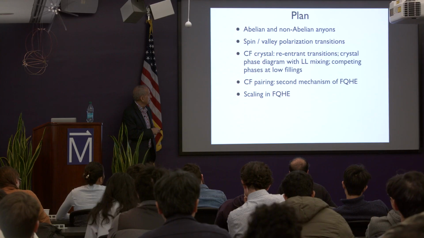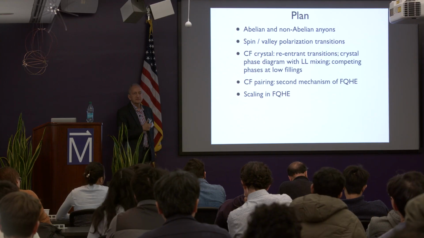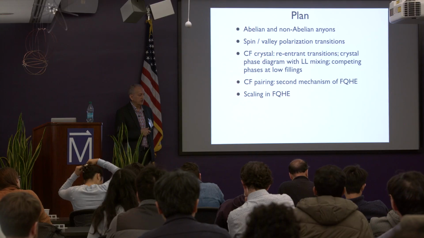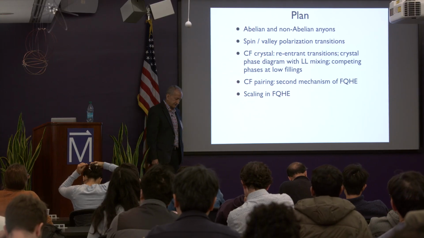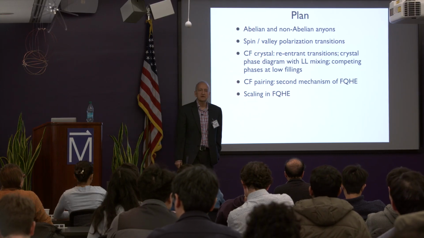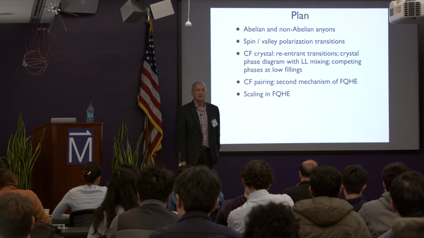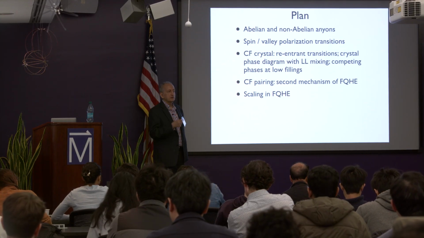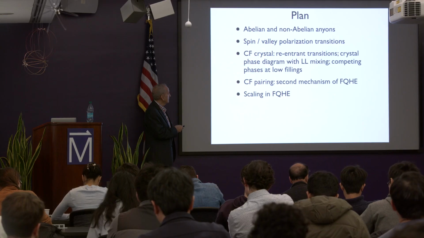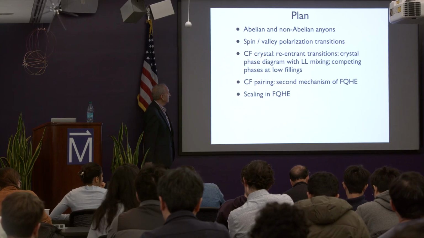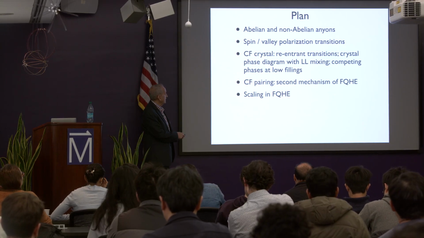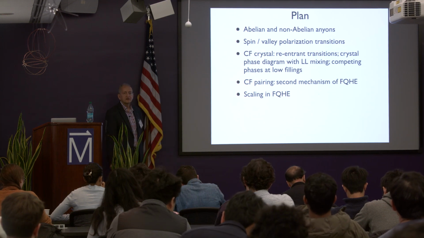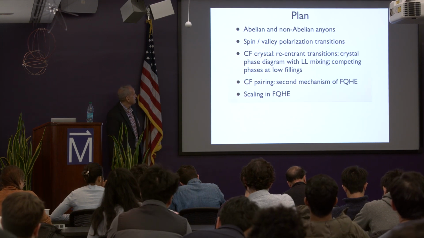How about pairing of composite fermions, which is another mechanism for fractional Hall effect? So yesterday we saw integer quantum Hall effect of composite fermions, which explains almost all the states, but there are some even denominator states which require us to consider pairing of composite fermions. And in the end, I will say a little bit about scaling in fractional Hall effect.